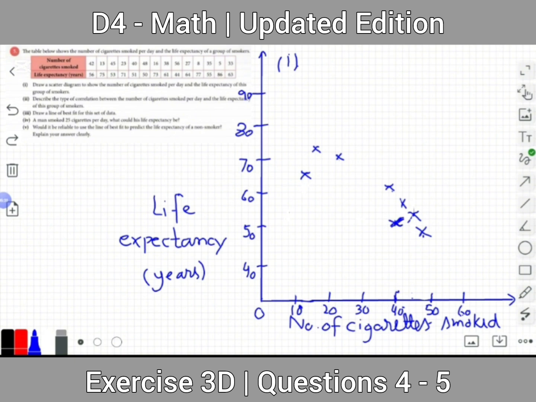Now for 56 and 44, here we have somewhere here 56, and here we have somewhere here 44, so we'll put x here.